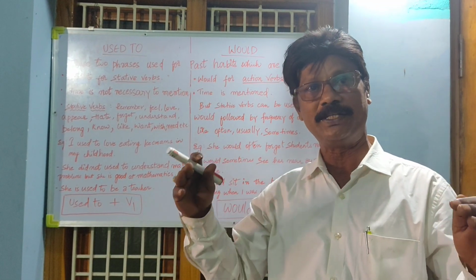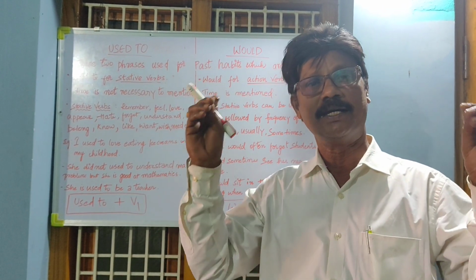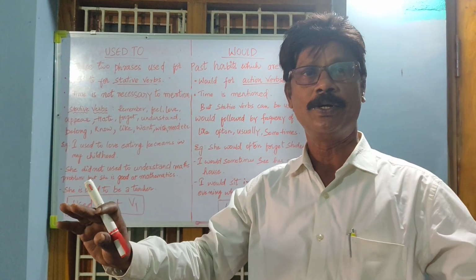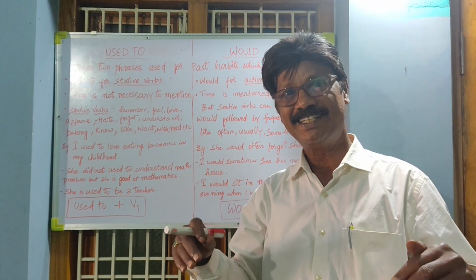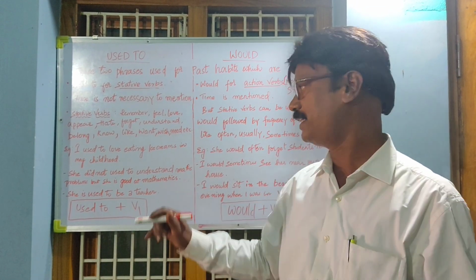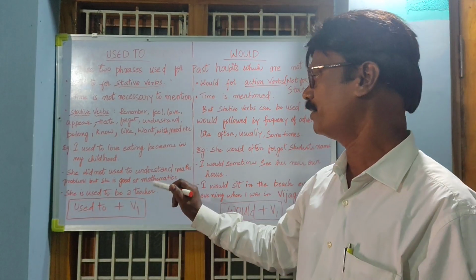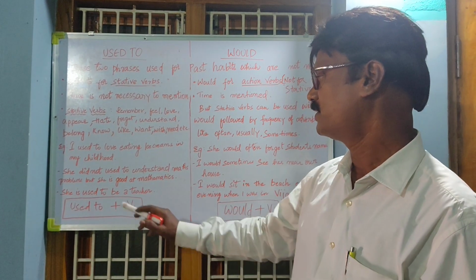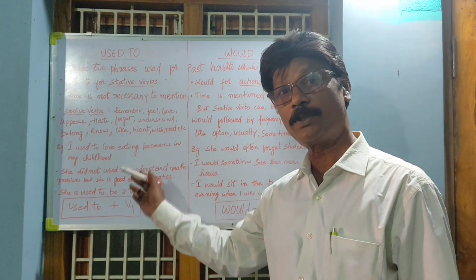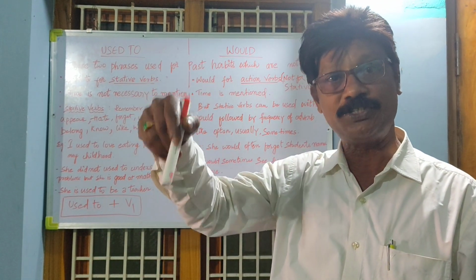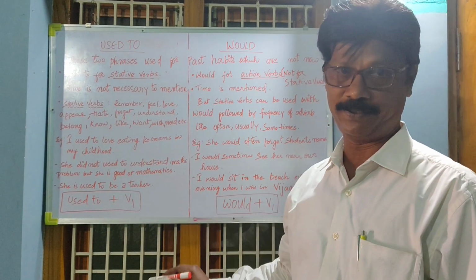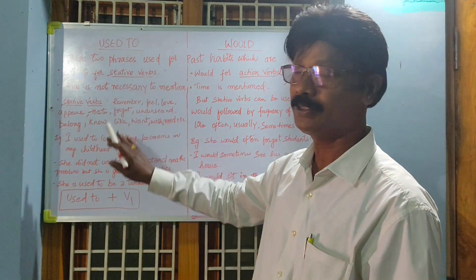So when she was studying in 10th class, she could not do maths problems, but she can do well in the present. This is the negative we can say. She used to be a teacher. It means once upon a time she was a teacher, but she is not a teacher at present. That is the meaning. Used to, clear?